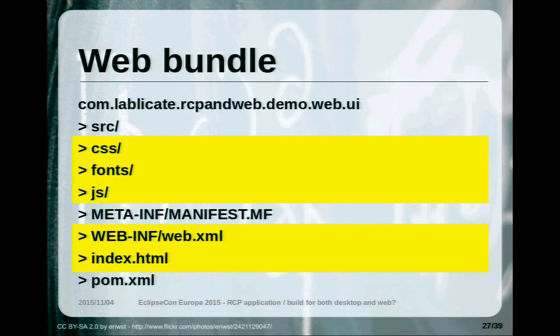You know the source part, everything's fine. You are familiar with the MANIFEST.MF, it's also fine. We have the pom.xml file for our CBI, that's also fine. But what we add are different folders. We add a folder CSS, we add a folder for fonts, for Font Awesome for example. We have a JavaScript folder, we have a web-inf folder where we define the servlets we will use, and we have our index.html, and the index.html is our entry point into the application.